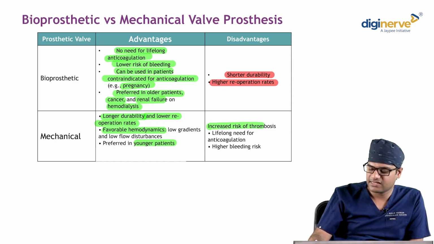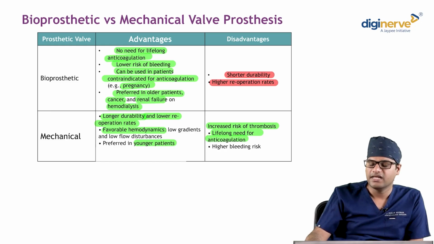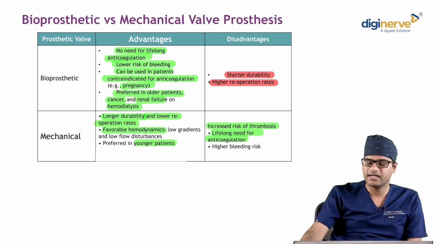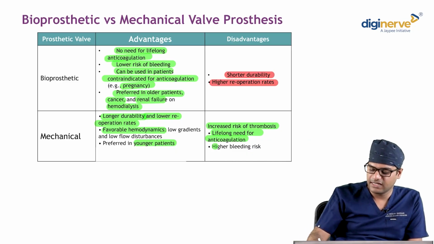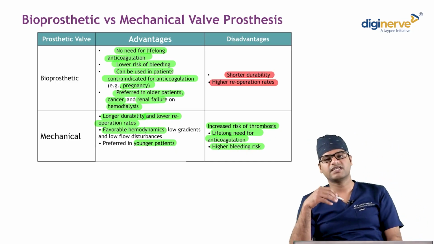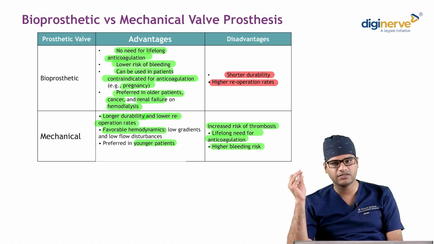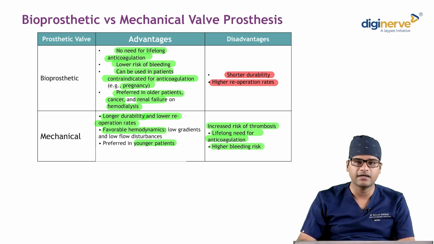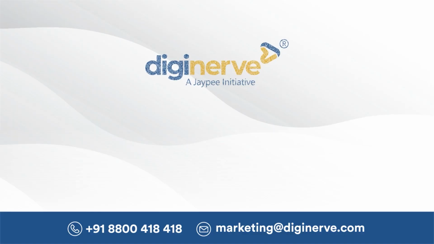There is increased risk of thrombosis. There is a lifelong need for anticoagulation. Suppose the patient is not compliant with anticoagulation, very early risk of thrombosis is seen. Higher bleeding risk if the patient is overreaching the therapeutic dose of anticoagulation. So these are the advantages and disadvantages of mechanical and bioprosthetic heart valves.